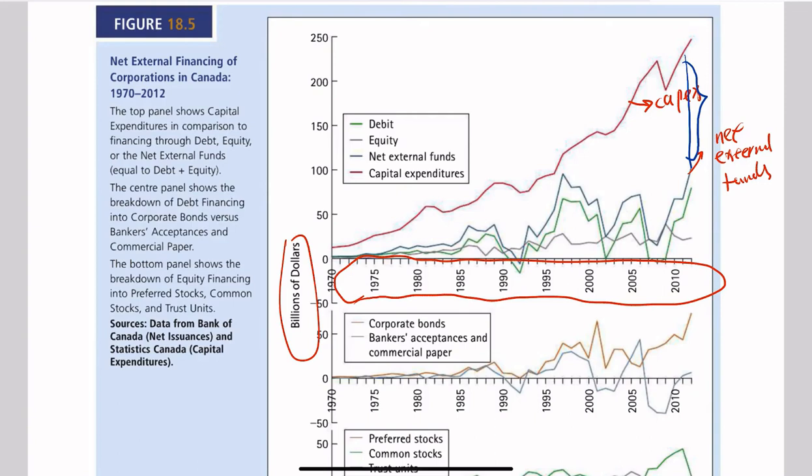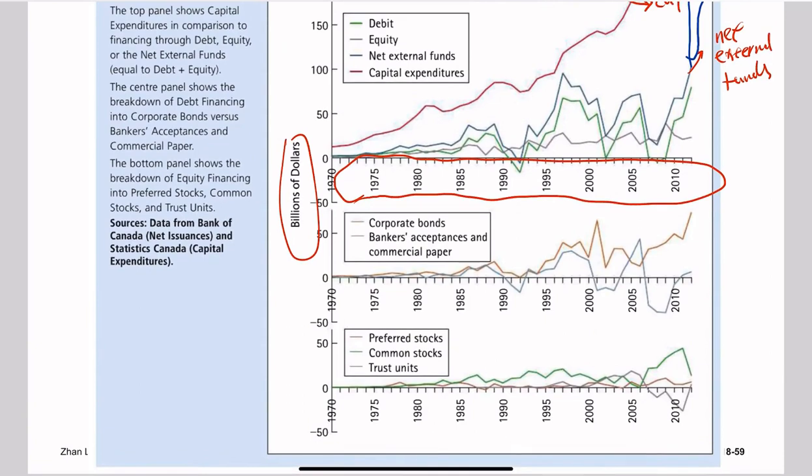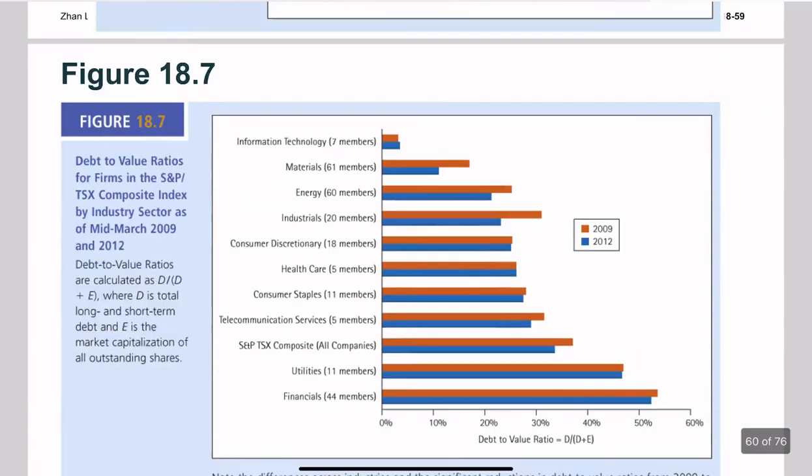So this is kind of weird, because if debt is so good, why don't firms issue more debt to finance their investment? And you can basically ignore these bottom two pictures.